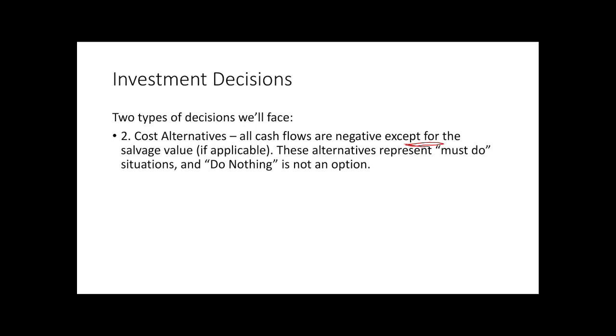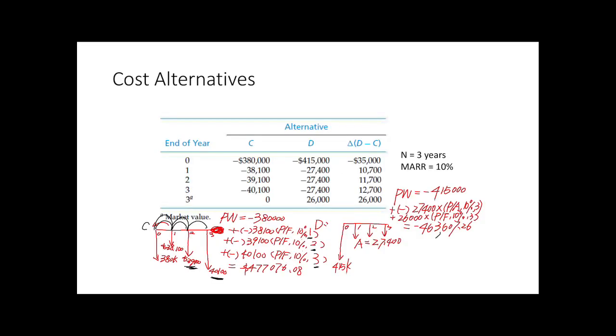But you still want to know which one is the least expensive one. So the way you compare is to convert all the cash flows to the present or to every year or to the future. But in the end, what you have is negative numbers. Okay, for negative results, you want to select the least negative one, which means your expenditure is the smallest.